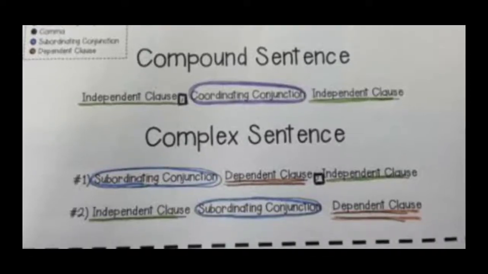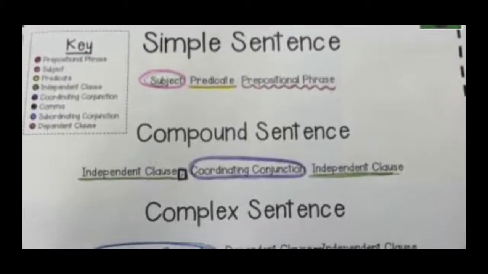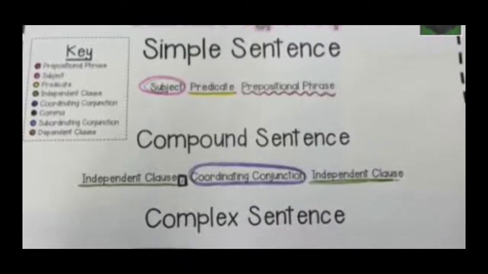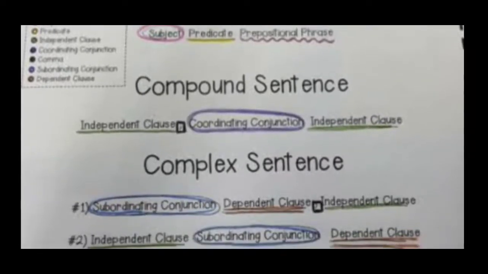And a complex sentence contains a subordinating conjunction, dependent clause, comma, independent clause. If the independent clause comes in front, then it is independent clause, subordinating conjunction, and finally dependent clause. So this is the structure for simple, compound, and complex sentences.